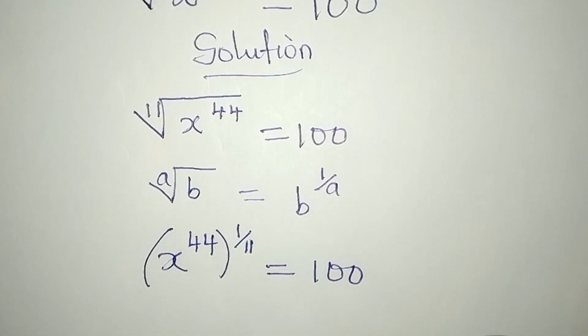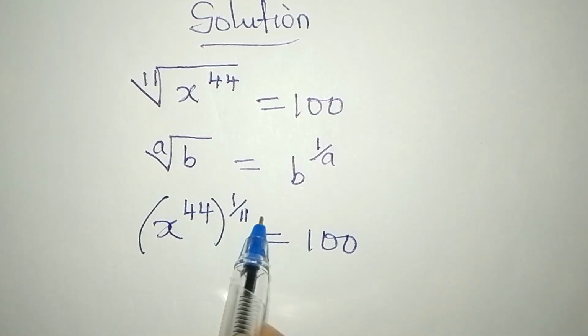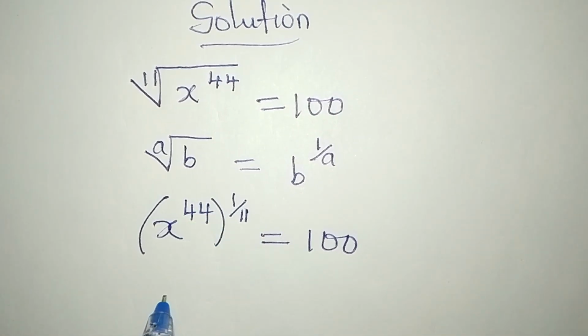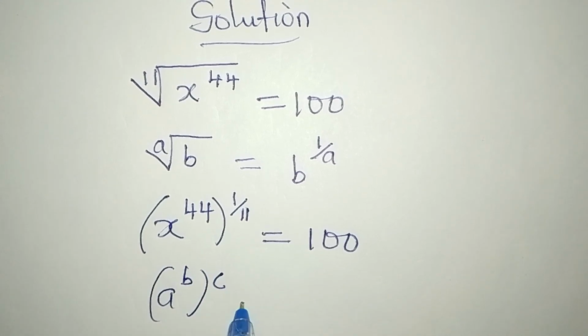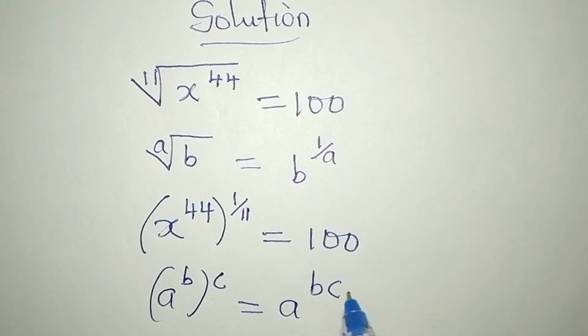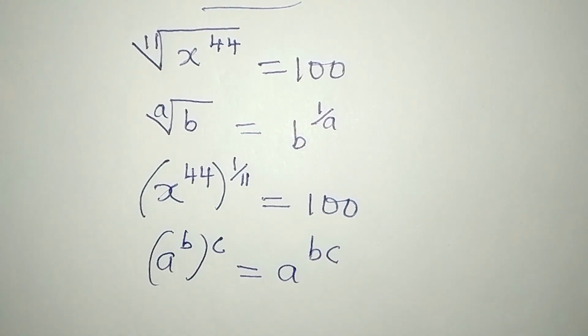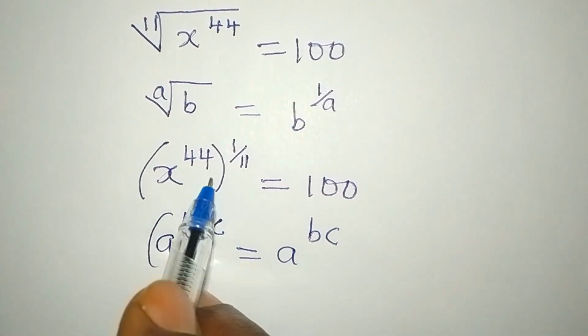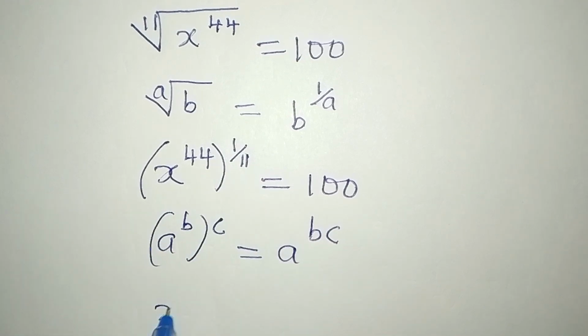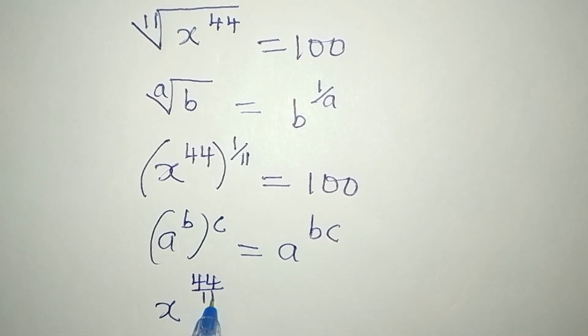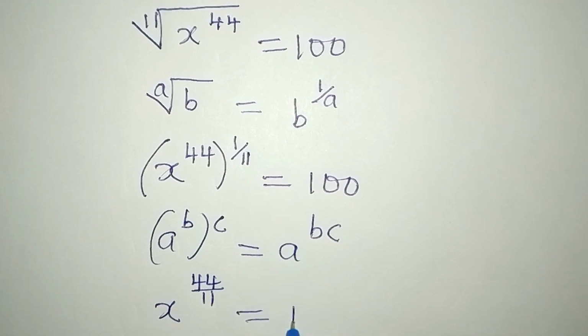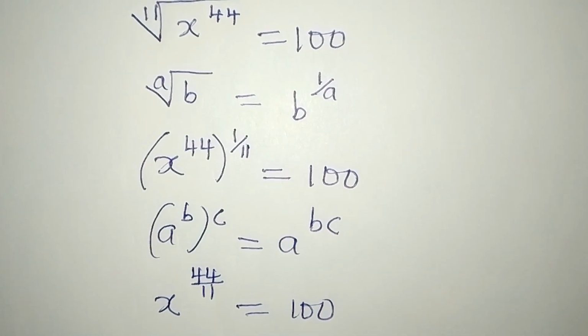The next thing we will do is to multiply the powers, because if you have a to the power of b to the power of c, this is the same thing as a to the power of bc. So if I do that, we'll have x to the power of 44 over 11 to be equal to 100.